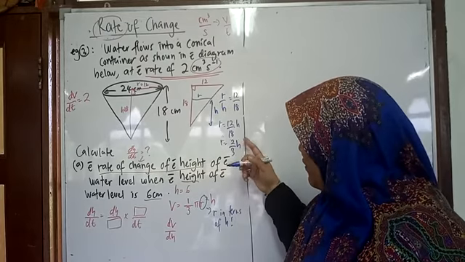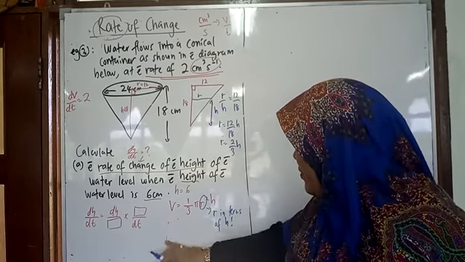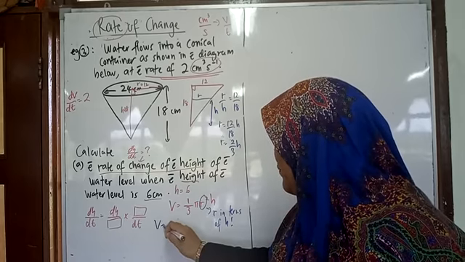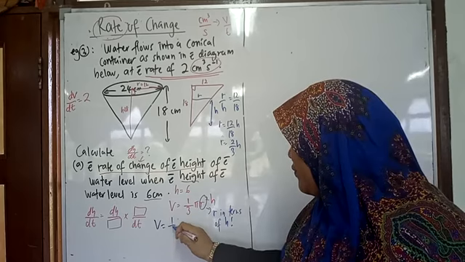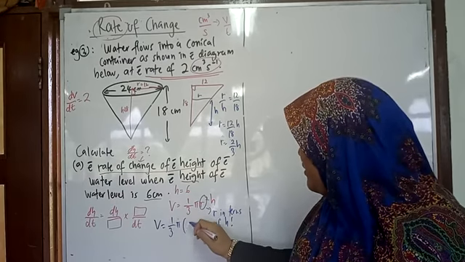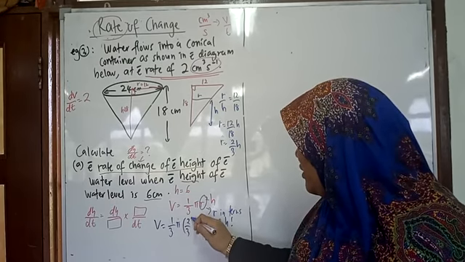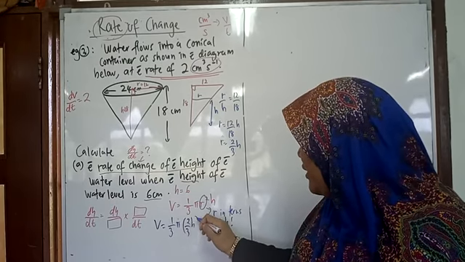From this part, we substitute r in terms of h. So we have 1/3 pi times (2 over 3 h) squared times h.